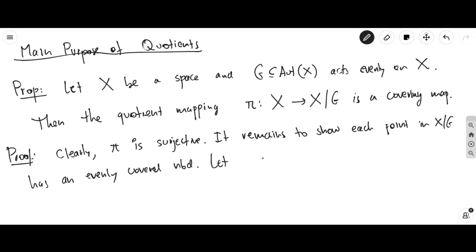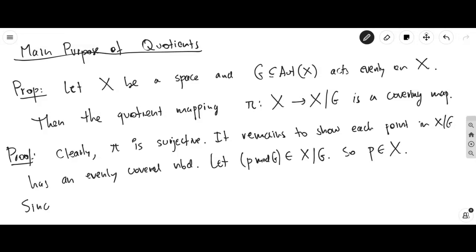So we're going to pick a point in X mod G. But what does a point look like? Well, it's an entire class mod G. Now, the p that we're using is a representative for the class. This representative is something in the original space X.